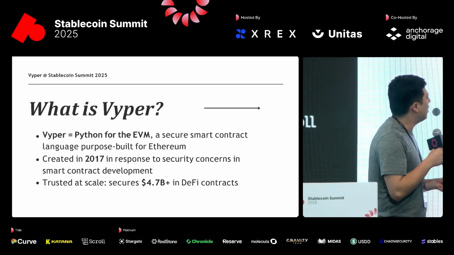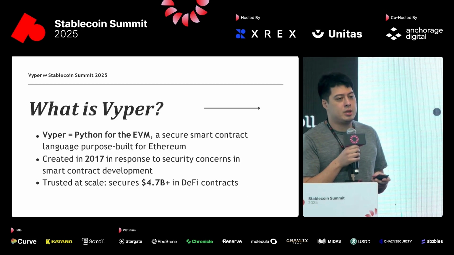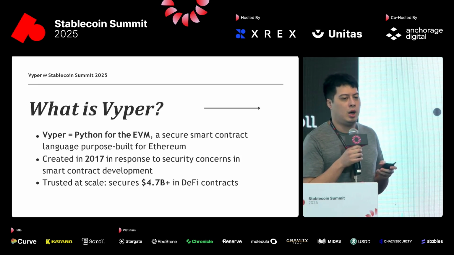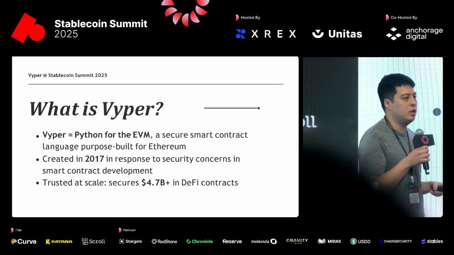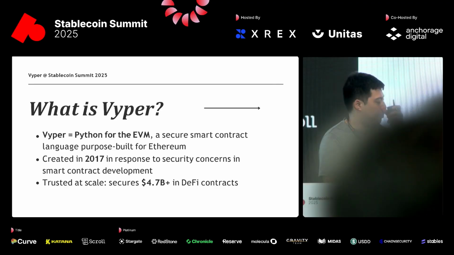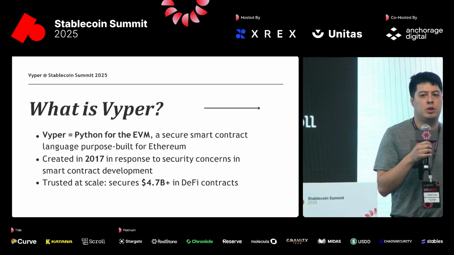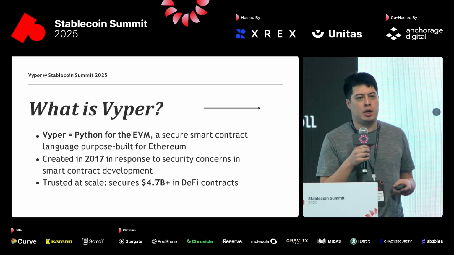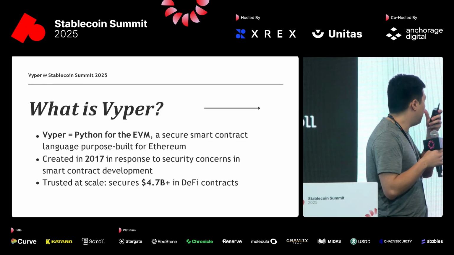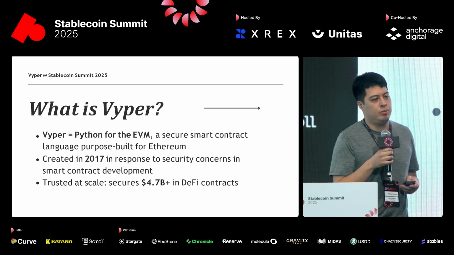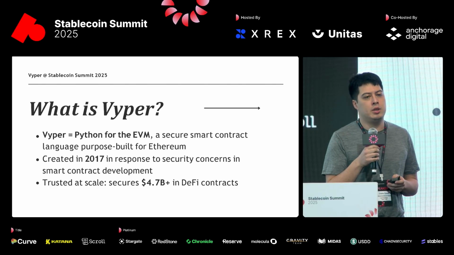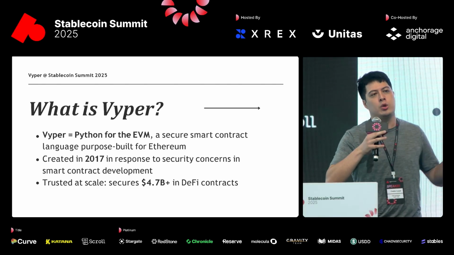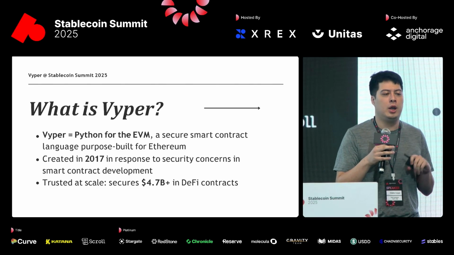So what is Vyper? Vyper is a secure smart contract language for the EVM. You can think of it as similar to Solidity, but it has a Pythonic syntax and a somewhat different design goal. It was created roughly in 2017, and the overarching goal of Vyper is security.